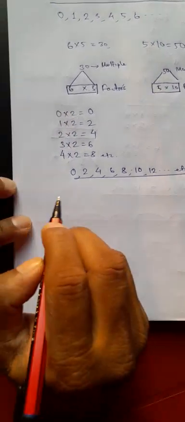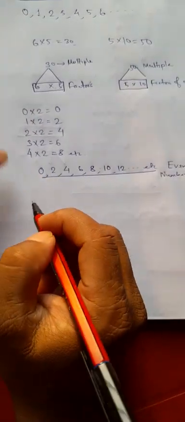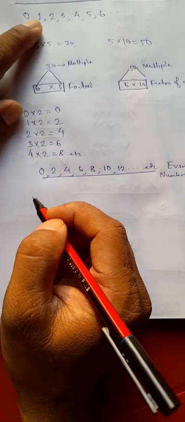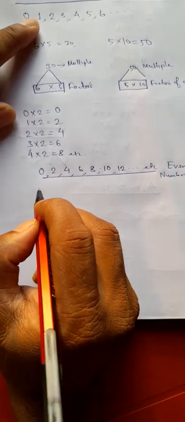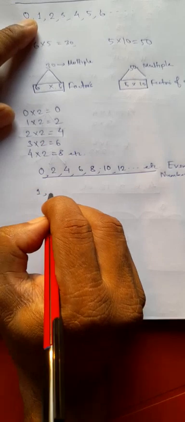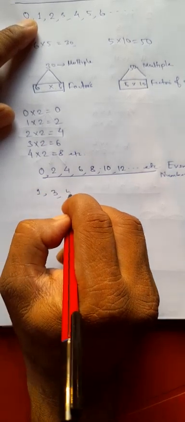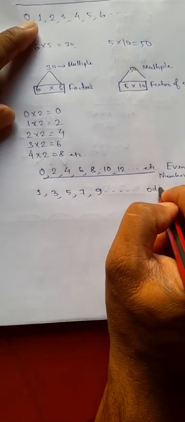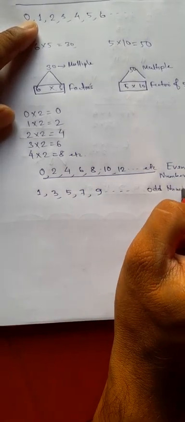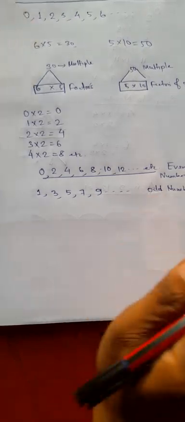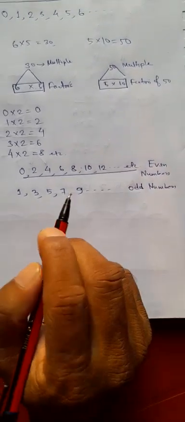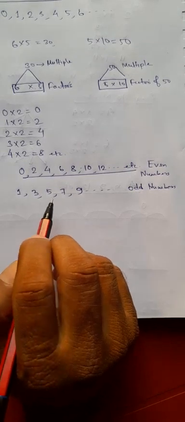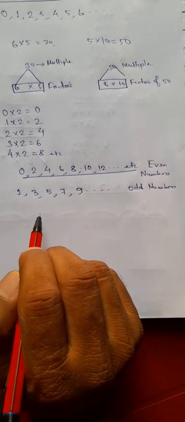Now while multiplying these whole numbers by 2, you left out a group of whole numbers, that is 1, 3, 5, then 7, 9. This series is called odd numbers. So even numbers are multiples of 2 and odd numbers are not multiples of 2.